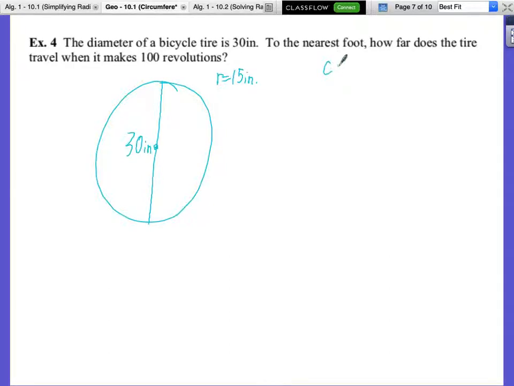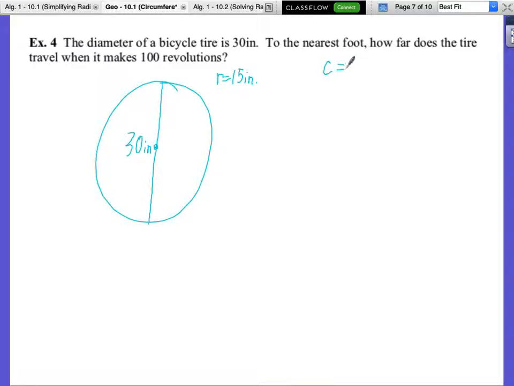And if we find the circumference, what can we then do to it to make sure we found 100 revolutions? Multiply by 100. Let's first see if we can find 1 and then multiply to get there. Will each revolution be the same or different? The same, right? The tire's still the same length, same circumference every time.